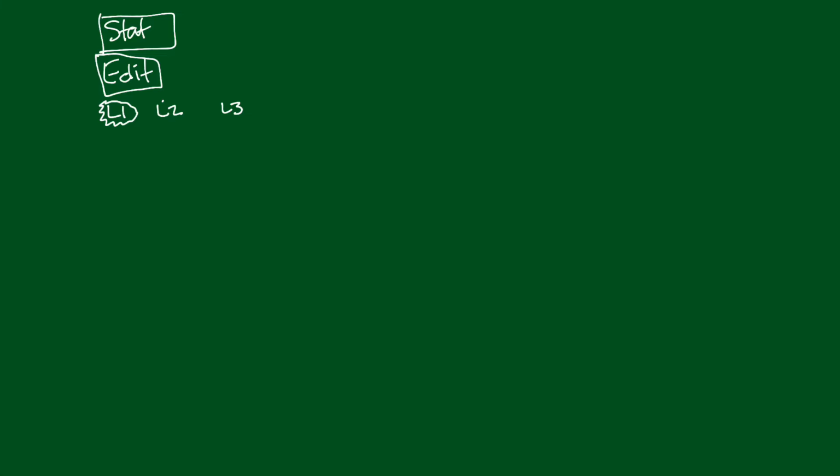Then arrow over to L2, press clear, enter. Then cursor over to L3, and press clear and enter. So now list 1, list 2, and list 3 are all clear of data.